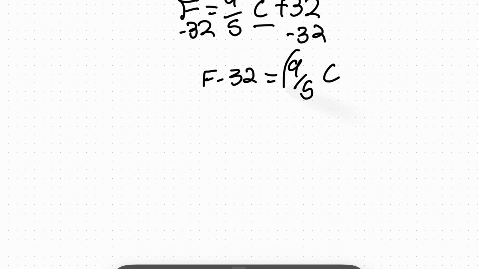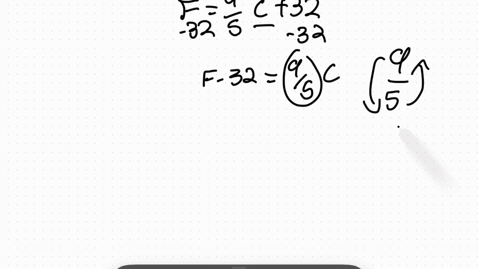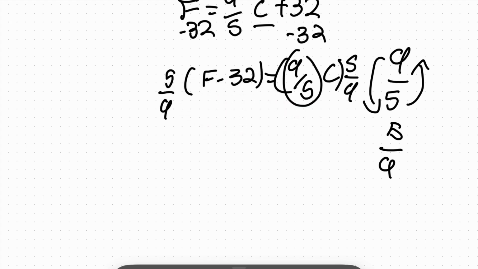So to get rid of this fraction, we need to multiply by its reciprocal, which means you flip it. So if you have 9 over 5, you want to flip the 5 to this side and flip the 9 to that side. So we're going to be left with 5 over 9. So let's multiply both sides by 5 over 9, which gives us 5 over 9 times F minus 32 equals Celsius, equals C. So this formula can let you convert Fahrenheit to Celsius or Celsius to Fahrenheit. Again, you can rearrange the formula and use whichever order you need it.